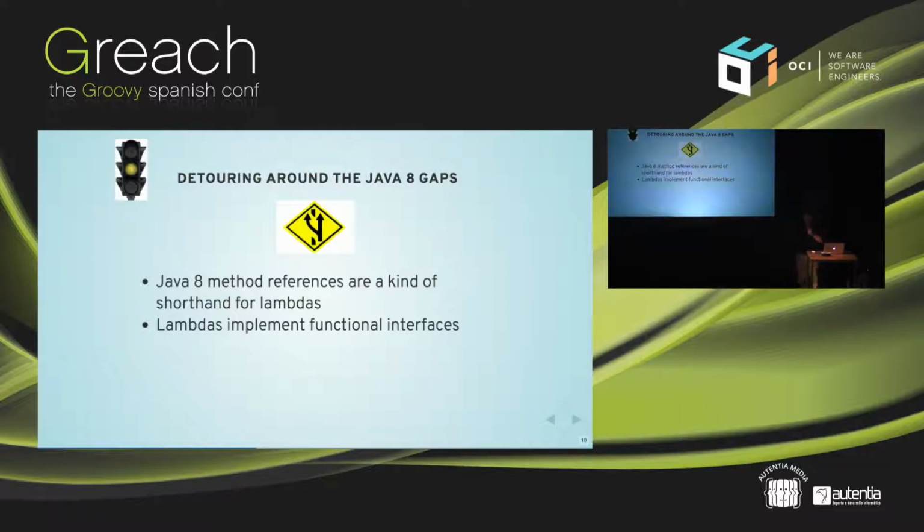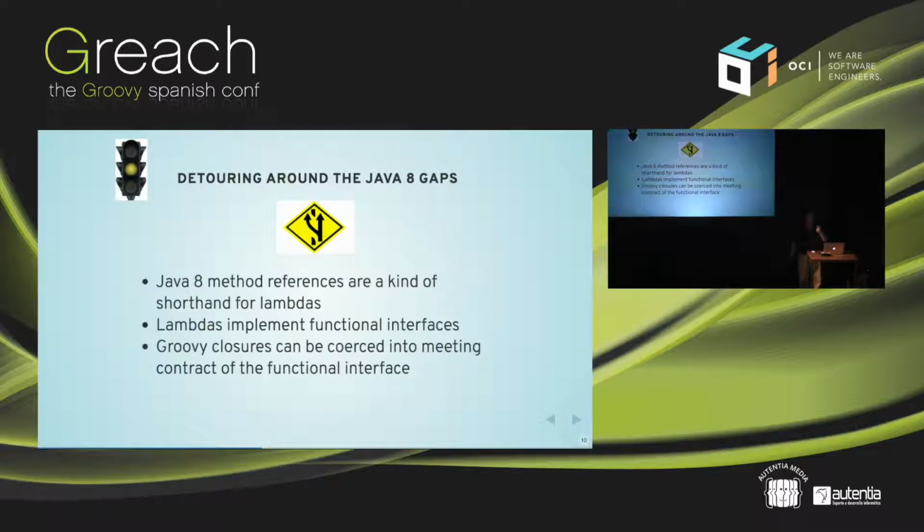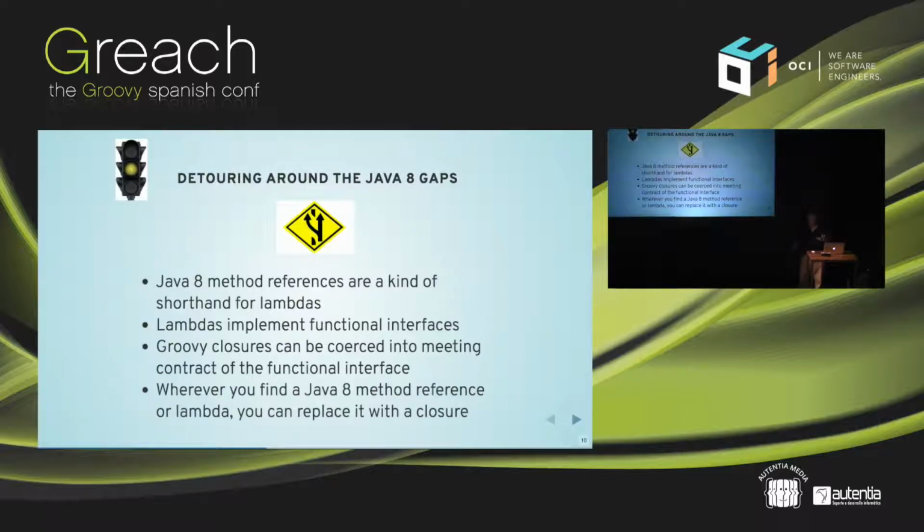So the compiler sees the lambda and says, this lambda is being passed in for an argument of a particular functional interface type, and Java will compile that implementation in. So it all works. Well, Groovy closures can be coerced into meeting the contract of a functional interface. That means wherever you see a Java 8 method reference or a lambda expression, you can just replace it with a closure, and Groovy will coerce it to meet that functional interface requirement.